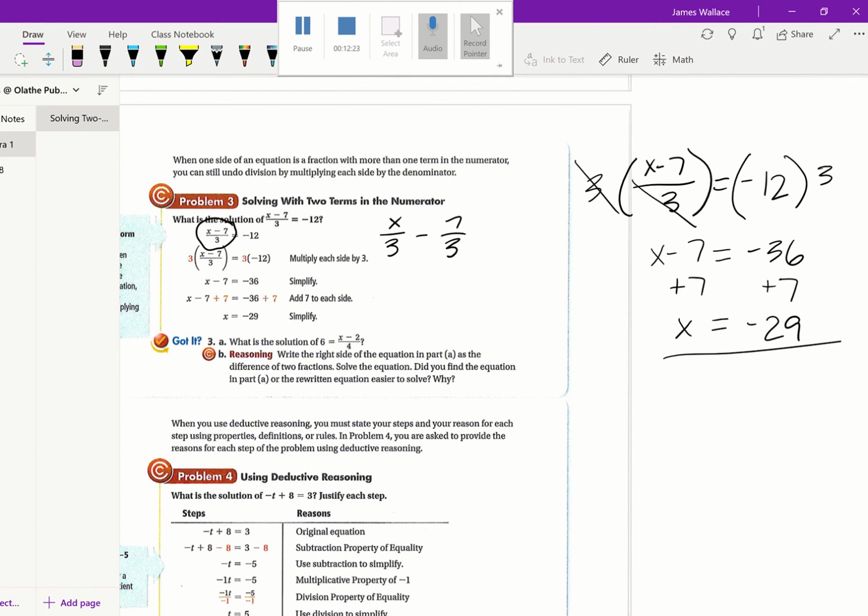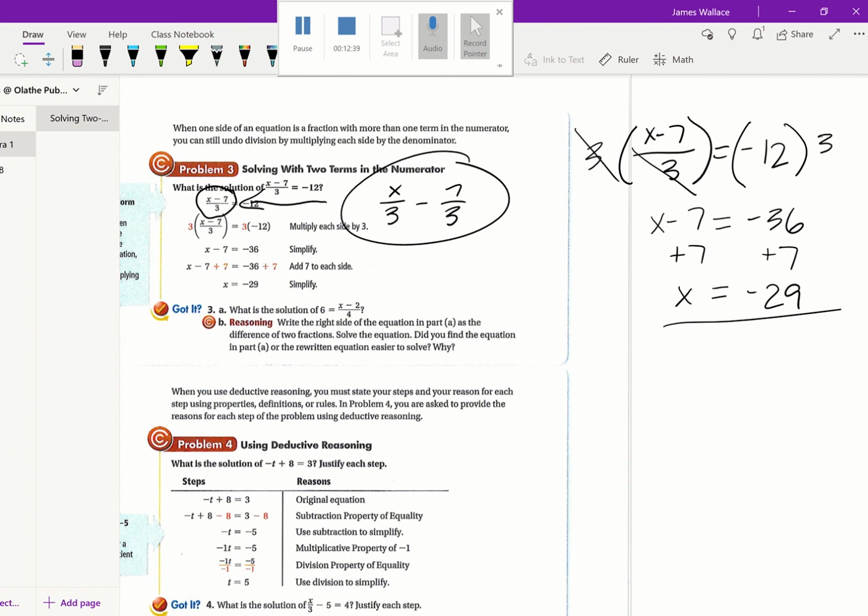Because these two are the same thing, right? So this is the same thing as this, all right? But it's going to be way easier to just solve it in the way that they have it written there, okay? And that'll come up when we get into simplifying fractions and multi-step equations and stuff like that.